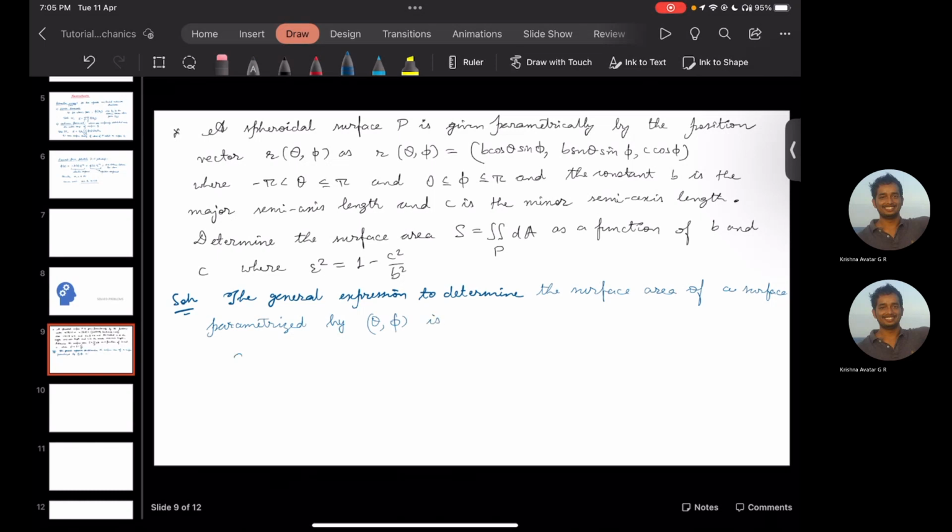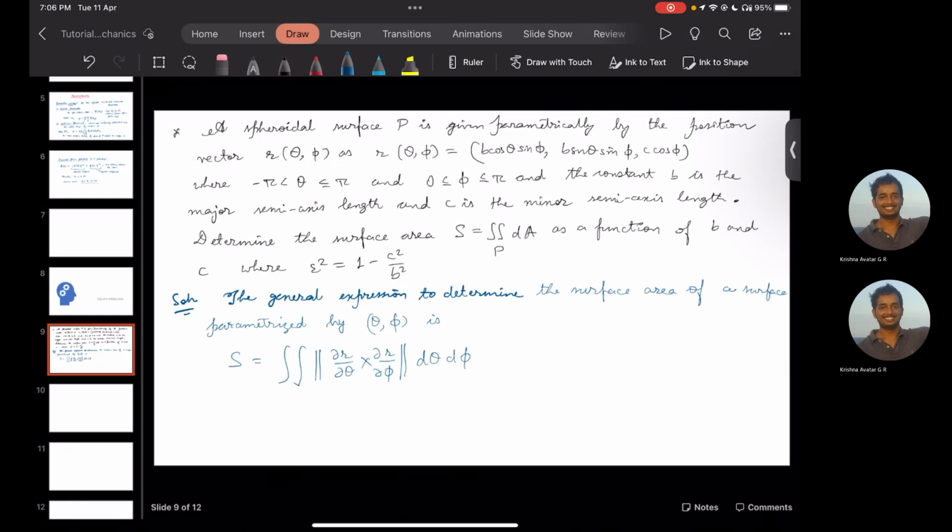S is equal to the double integral of the norm of partial r by partial theta cross partial r by partial phi, d theta d phi.